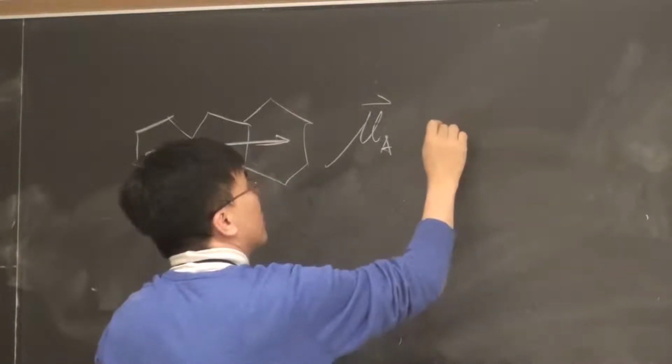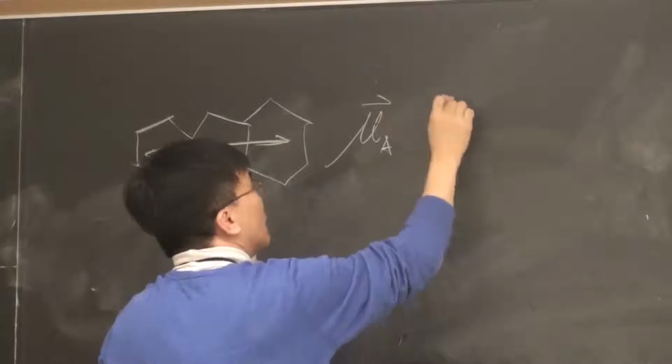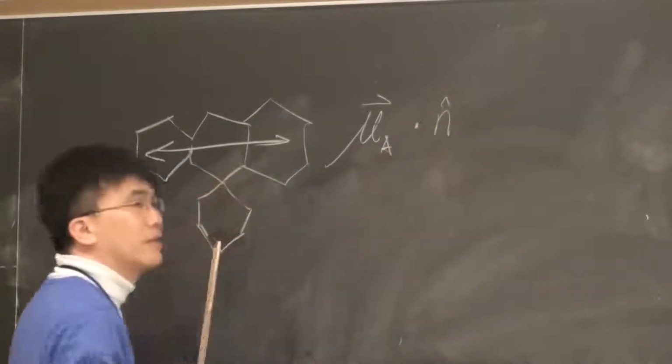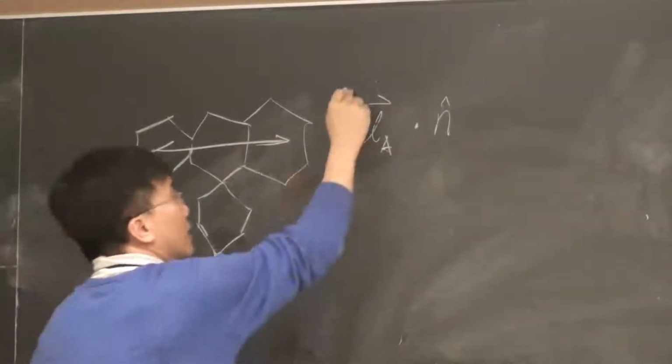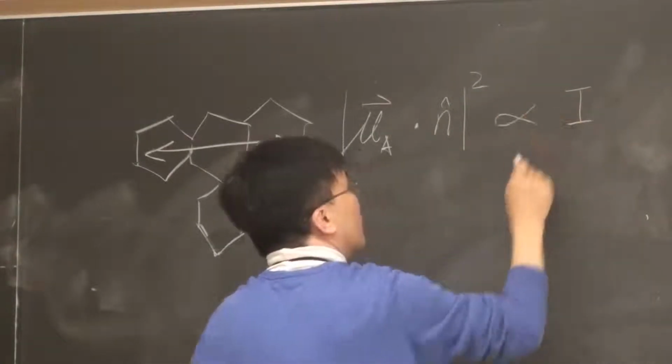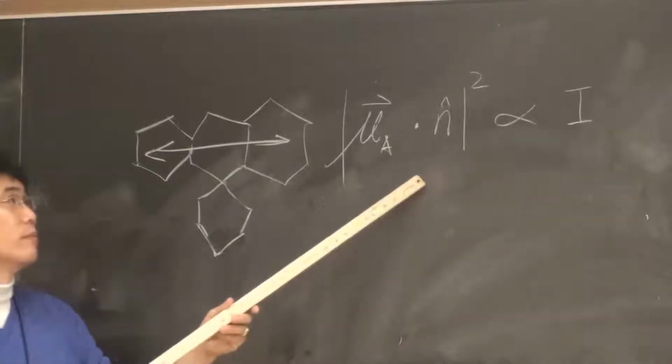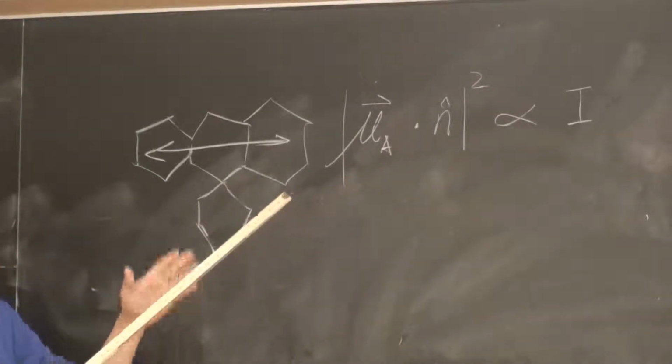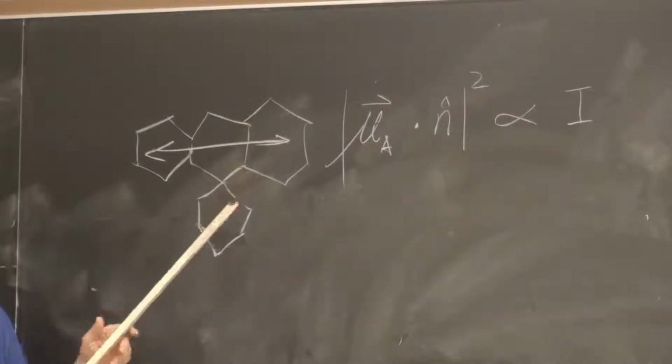So if the direction of the laser, I don't know which symbol to use, it's just N, that's the polarization direction of the laser light, then the intensity that you measure will be proportional to the square of the inner product.